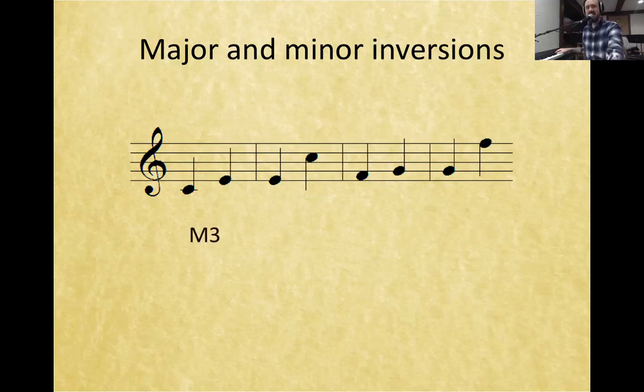We know that C to E is a major third, but what is it if we have E up to C, E natural to C natural? Well, number one, we know it's a sixth because E to C, 1, 2, 3, 4, 5, 6 letter names. And we know that it's a minor sixth because what kind of C would be a major sixth over E?